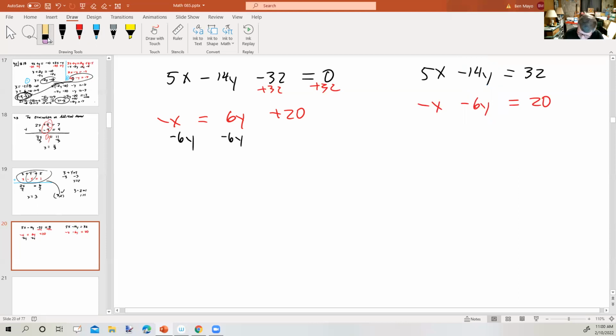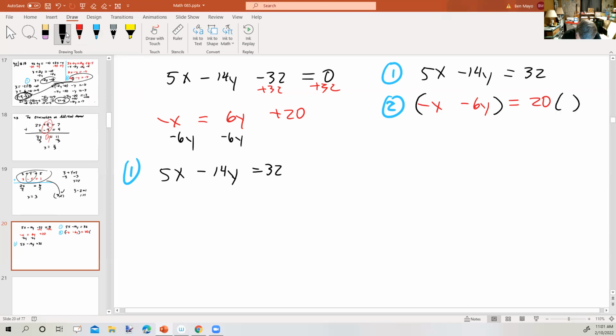Okay, so what I can do is this. I'm going to leave equation 1 just like it is. 5x minus 14y equals 32. Okay. I'm going to take equation number 2 and multiply both sides of it by 5.